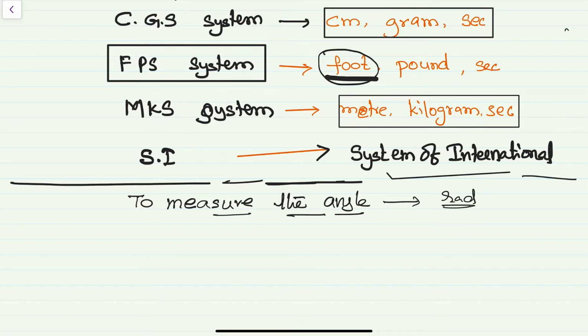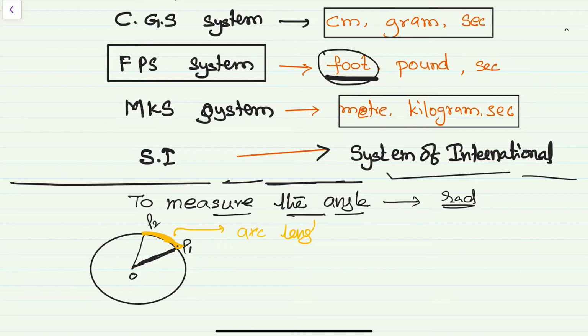How to measure the angle and how to write the formula for it? See, this is a circle with center O, which is tracing a circular path like that, right? And this is a point P1, and this has been transformed to point P2, right? This is called the arc length.